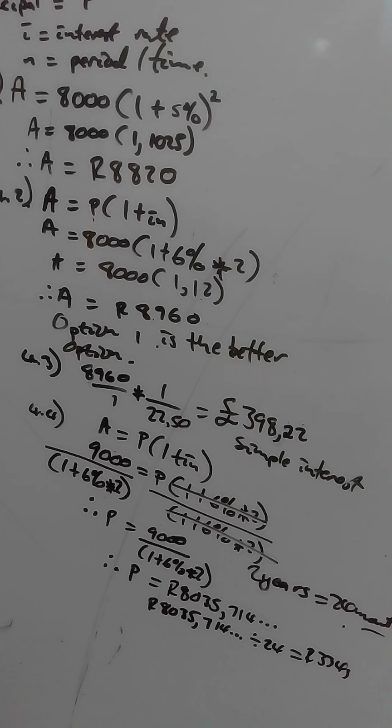So the third decimal number was 1, which is below 4, so it doesn't change the second decimal number. So it becomes 334 rands 334.82. That is our final answer. That is the amount that Amanda will pay on a monthly basis as a principal, right?